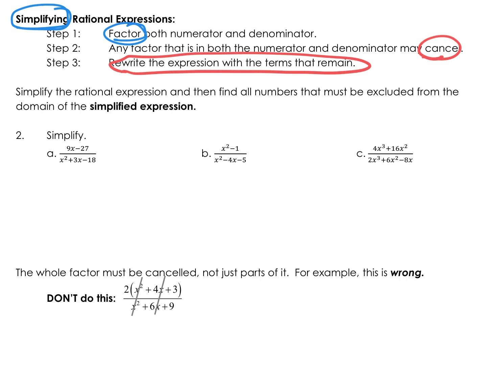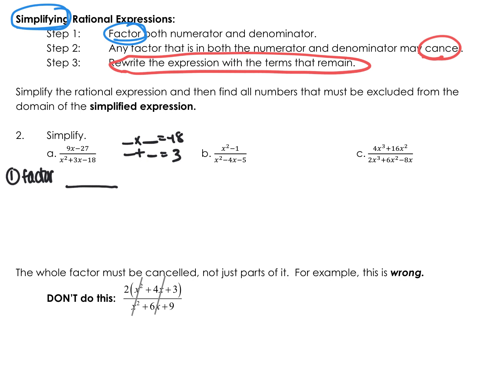So let's look at number A here. So we're going to first look at the bottom. That's a trinomial with A equal to 1. So we're going to factor. So remember, first step is to factor. Because the bottom is a trinomial with A equal to 1, we're going to look for two numbers that multiply together to get negative 18 and add together to get 3.